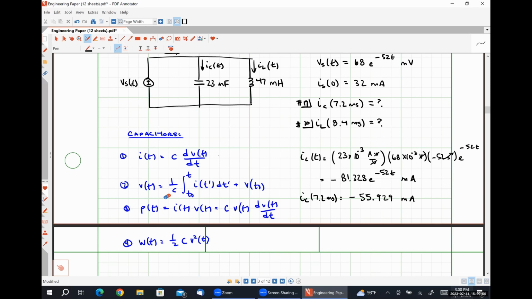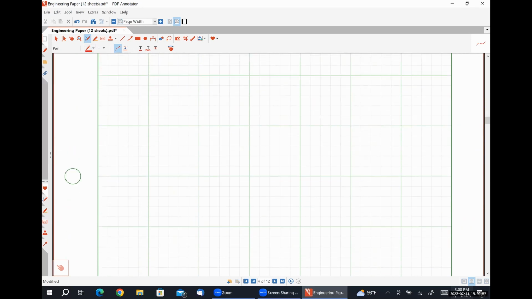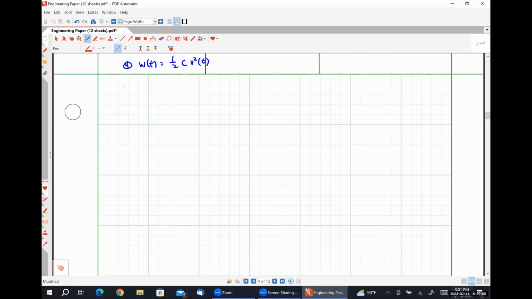So for number 20, we're trying to find inductor current, right? So I'm going to write down my inductor relationships down here. These are going to be extraordinarily similar. Stylus will stop quitting in the middle of writing things. So the first thing I'm going to have is my derivative-based relationship that says V is equal to L di by dt. Then I'm going to have my integral relationship.